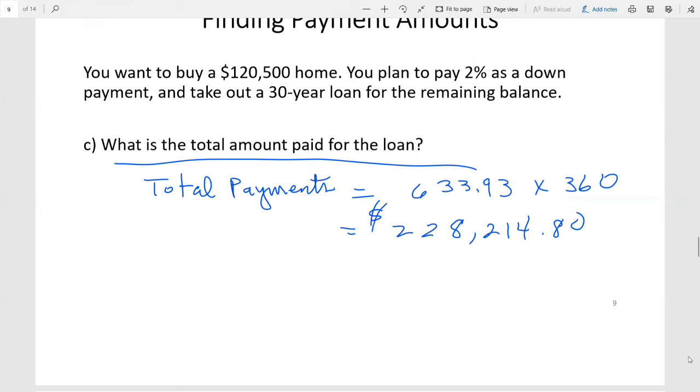So you buy a $120,500 home, and you're going to pay a lot of payments, basically almost twice as much.